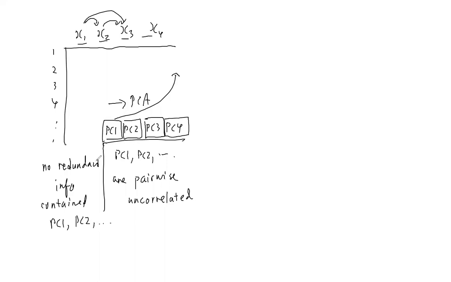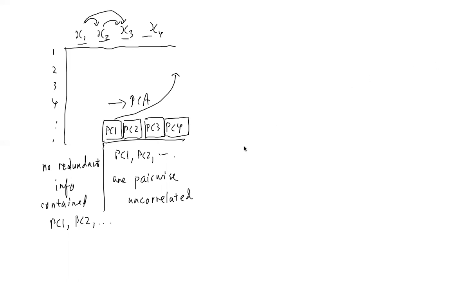So this makes it a very good tool to summarize your data, because in your original data, the variables may be correlated with one another, which makes them redundant. When a lot of your variables are correlated, principal component analysis is quite useful for compressing the data and lowering its dimension.